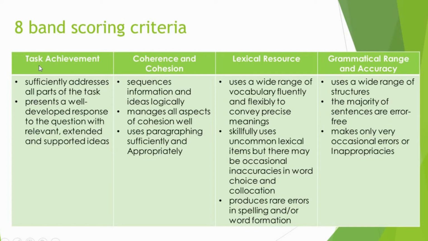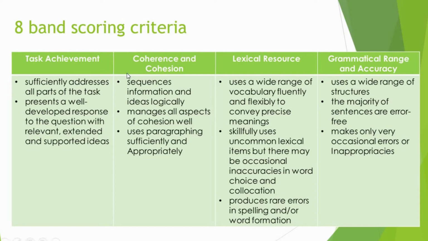To get 8 bands, you need to sufficiently address all parts of the task, and present a well-developed response to the question with relevant, extended and supported ideas. This basically means that you have to answer all the questions asked in the topic. If you skip any question, it means you didn't complete the task. In the detailed lecture, you will get the idea of what sort of questions you will be asked in the writing exam.